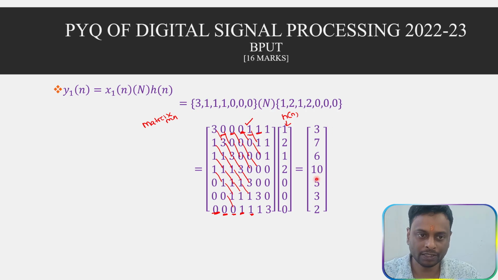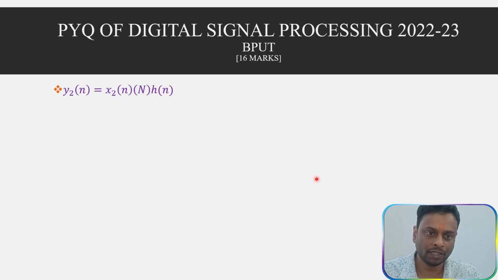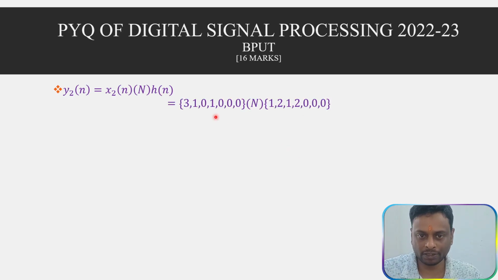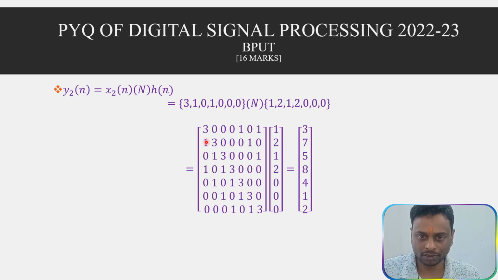Similarly you can find y2 of n. So y2 of n is x2 of n circular convolved with h of n. Now this is 3 1 0 1 0 0 0, like we have done previously for y1 of n.